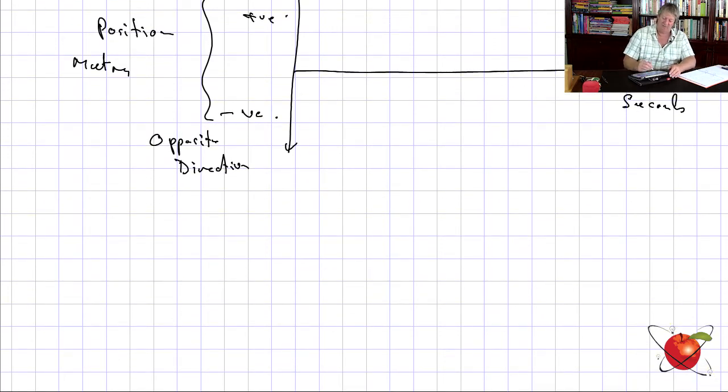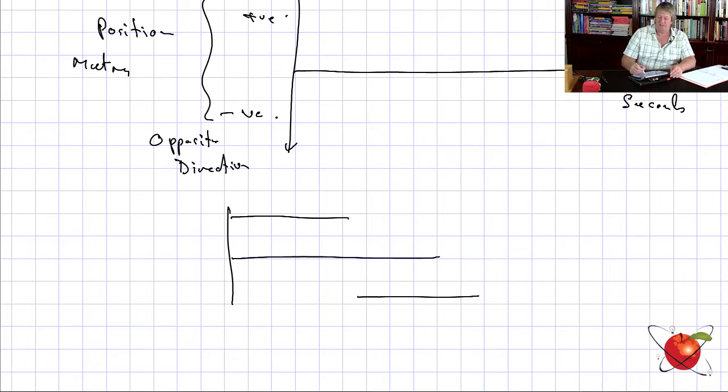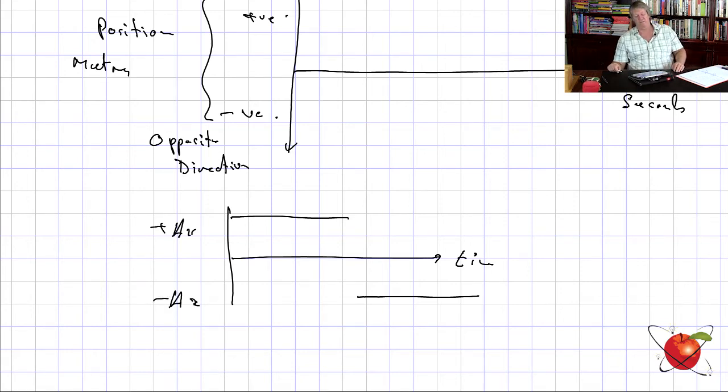Position versus time, okay? Well, the first one is this one, where you could have it there, or you could have a graph down there, all right? So let's fill in. This is time. This is position. So this is delta x plus. This is delta x minus over here, all right?